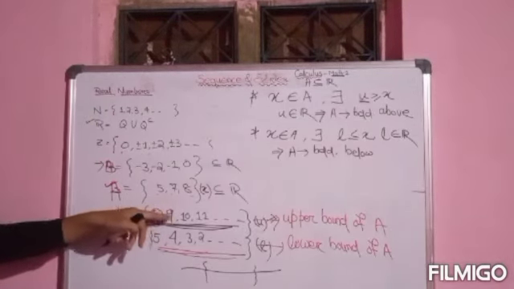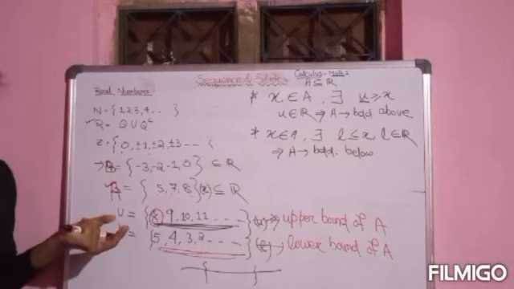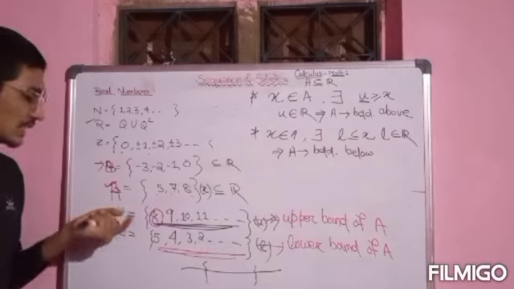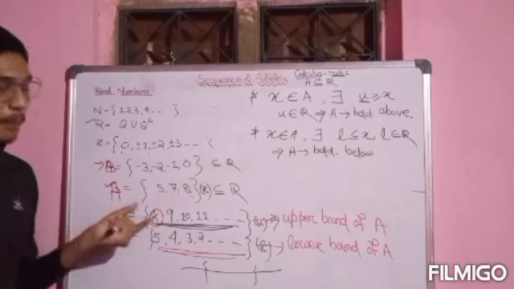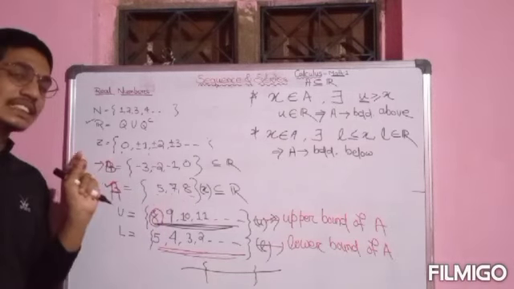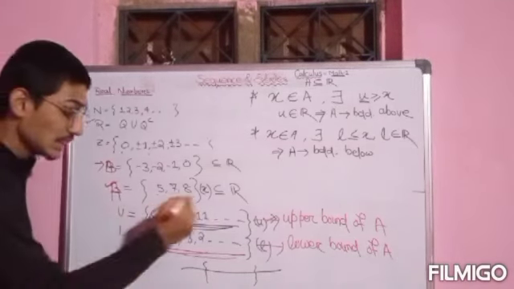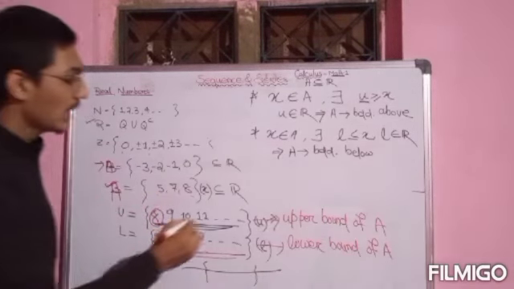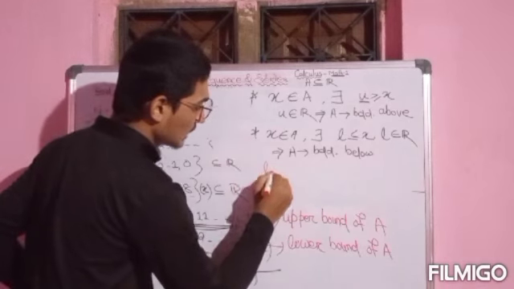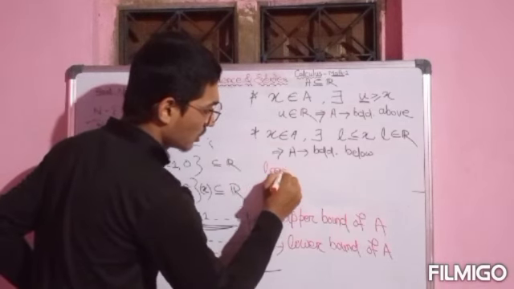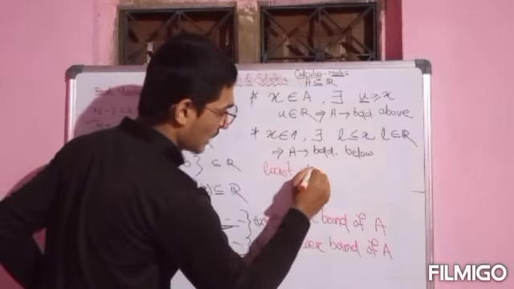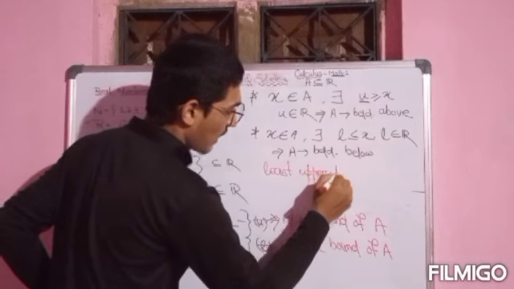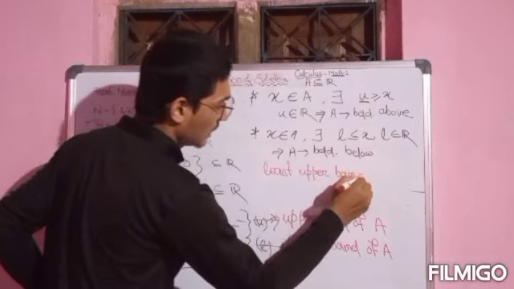In short, I can say in the upper bound set there is an upper bound which is least among them, and I will call this the least upper bound.